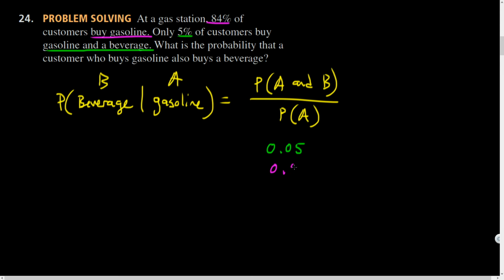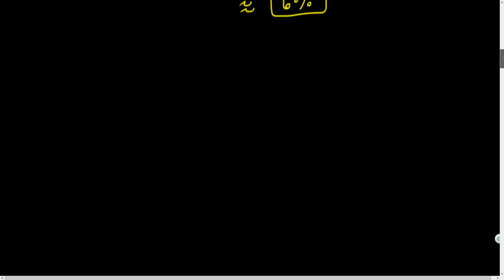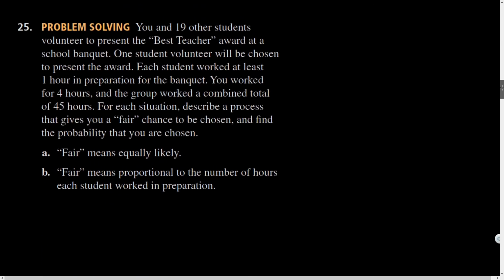And so 0.05 divided by 0.84 equals, approximately 6%. Boom. So 6% of gasoline purchasers also bought a beverage. I'm thinking about the number of times I buy fuel, and very rarely do I buy a beverage. So yeah, that seems reasonable to me.